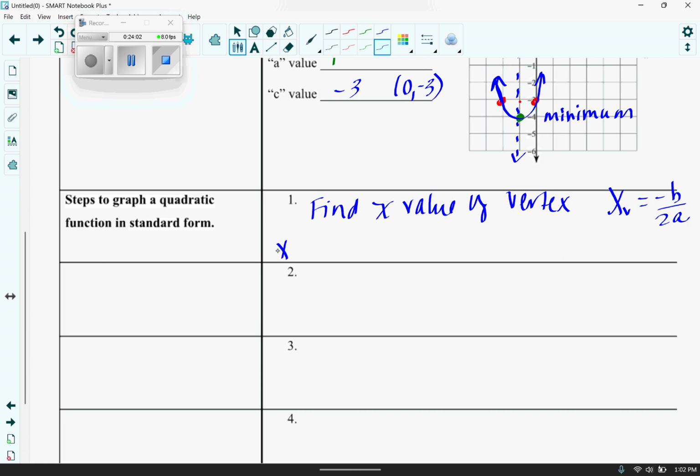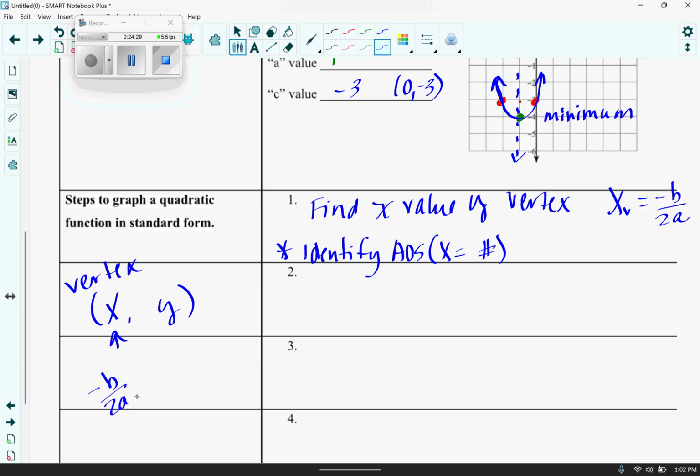Along with this, we're going to identify the line of symmetry, or the axis of symmetry, x equals some number. The vertex itself is going to be x, y. Remember that this x, to find it, is negative b over 2a.